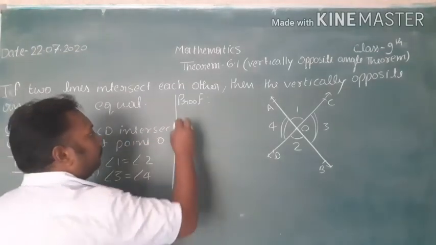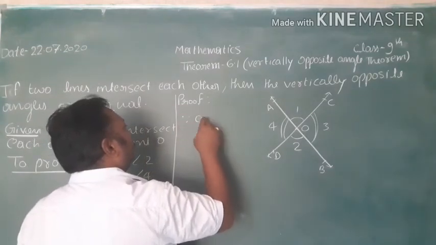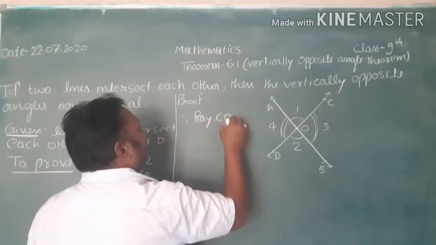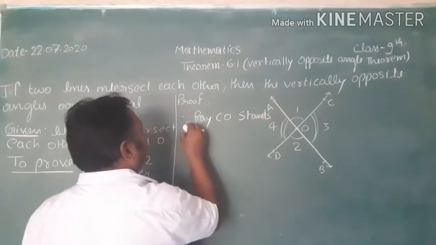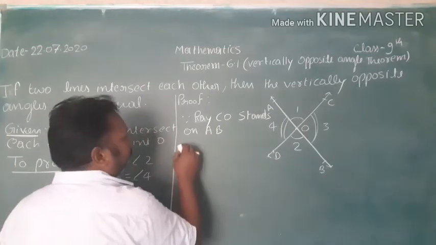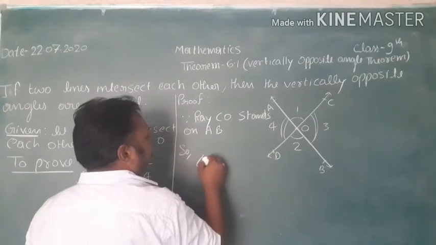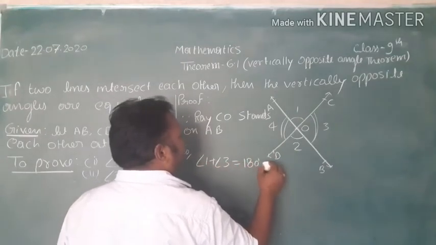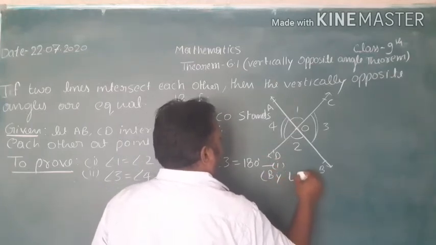Write down proof. The first heading is given, the second heading is to prove and the third heading is proof. Now write down: because ray CO stands on AB, angle 1 plus 3 equal to 180, equation first, by LPA.